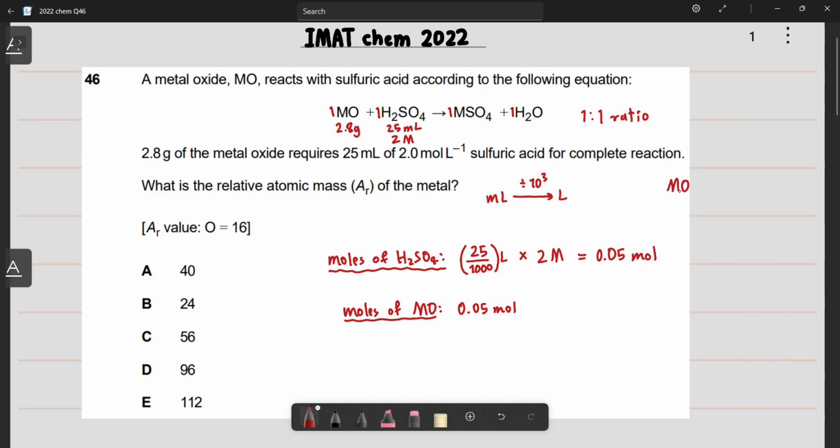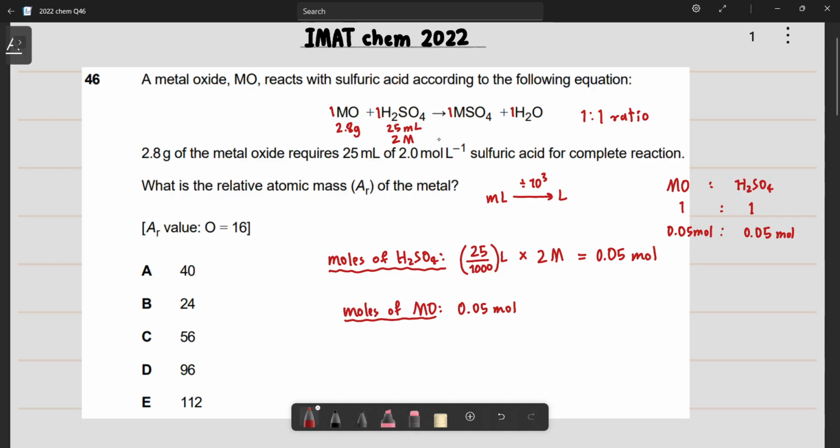This is MO metal oxide and H2SO4. Okay, so for H2SO4, we know it's a 1 to 1 ratio. The reaction, the coefficients. So the mole that I got for the sulfuric acid was 0.05 moles. Okay, so I'm going to cross multiply over here and I'll get the exact same results. 0.05 mole for metal oxide.